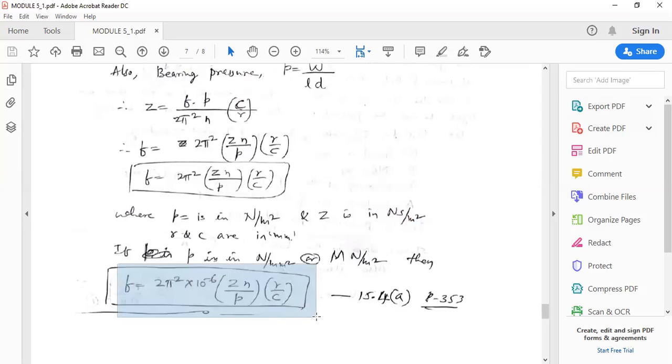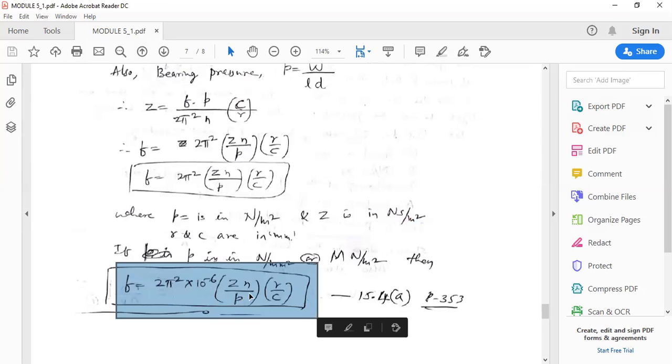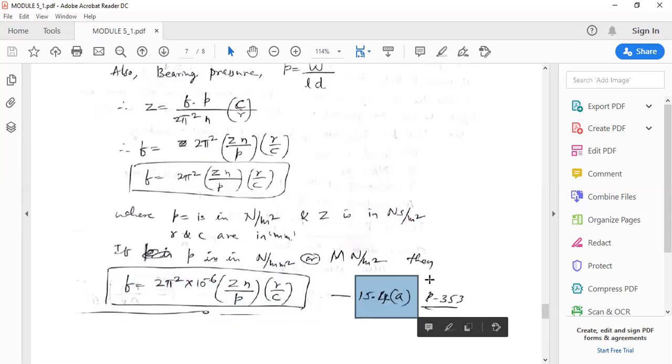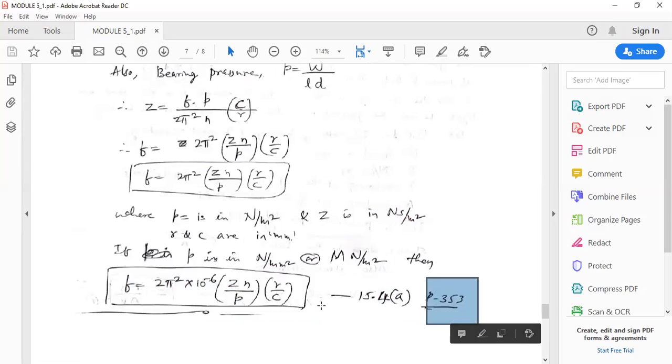So f is equal to 2 pi square into 10 raised to minus 6 into Zn divided by P into R by C. So 10 raised to minus 6 here is used to convert the pressure P from Newton per meter square to Newton per mm square. The value to be substituted here for P is in Newton per mm square. So the value of f that we get here is available in the data handbook, equation number 15.4a, page number 353. So this is about Petrov's equation.